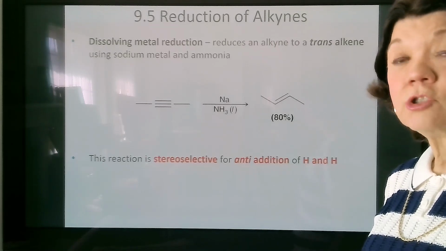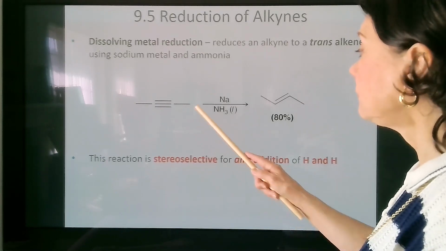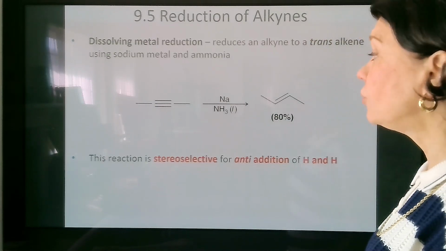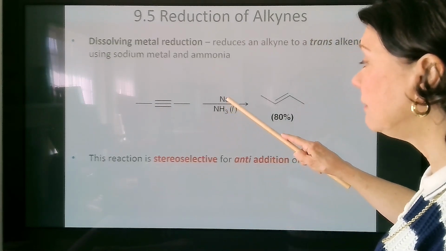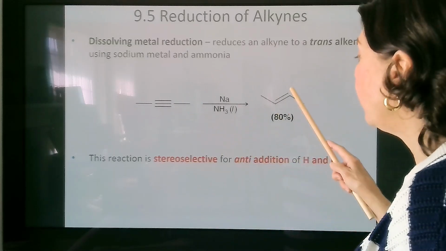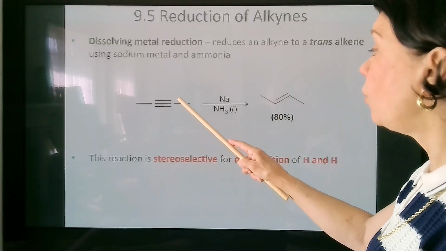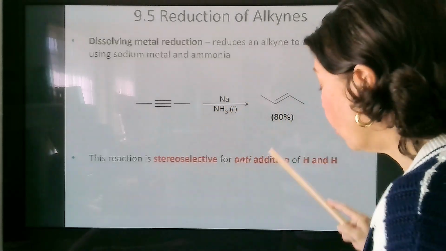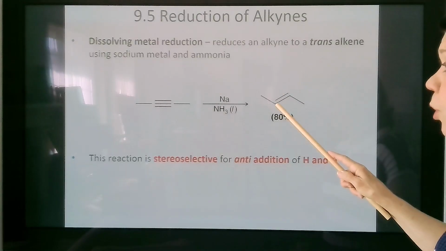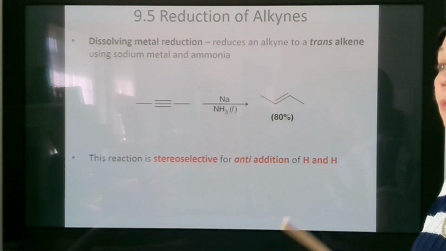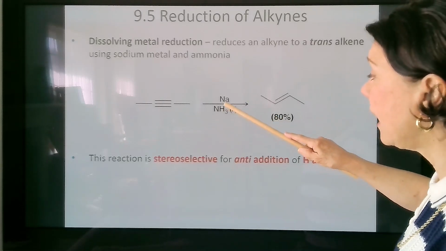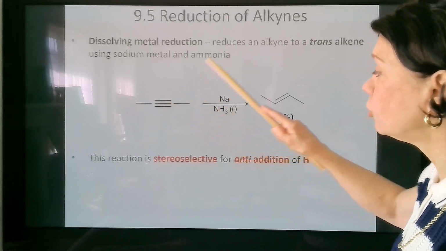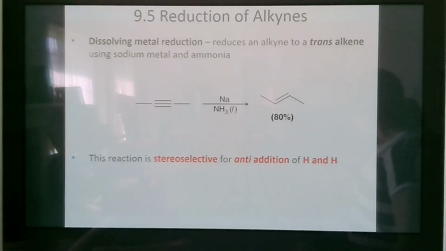They effect hydrogenation of the alkyne, and you're not going to have a complexation because this metal's too small, so you're not going to have a syn addition. What you have is a reaction that gives you a trans or anti addition and the trans product. That will help you remember this. And these reagents do not affect hydrogenation of alkenes. They only affect hydrogenation of alkynes.